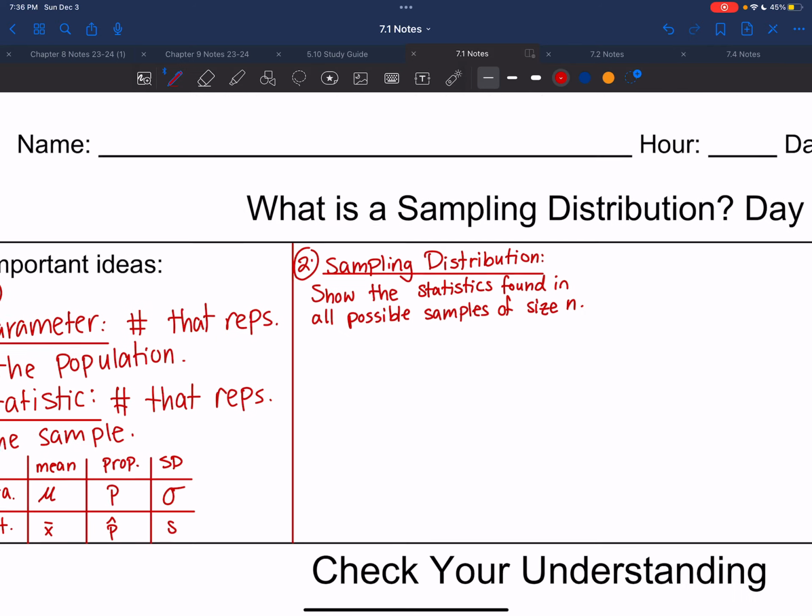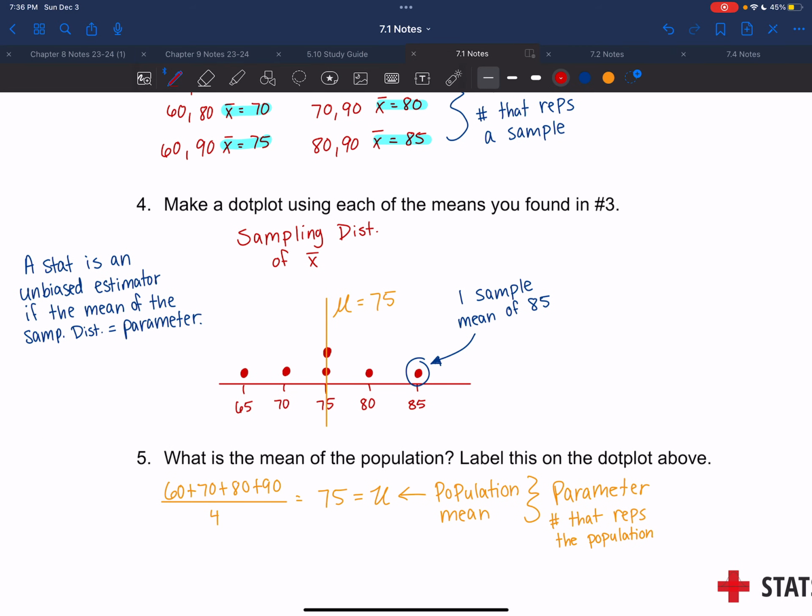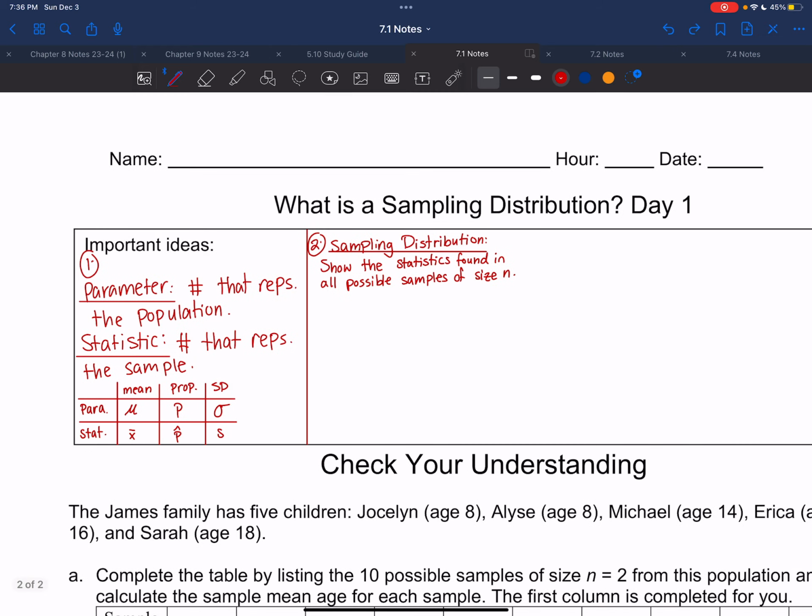If we go back up to question 4 really quick, we had a sampling distribution of x bar here. These were of size 2. This one is a sampling distribution because it shows all possible samples of size 2.